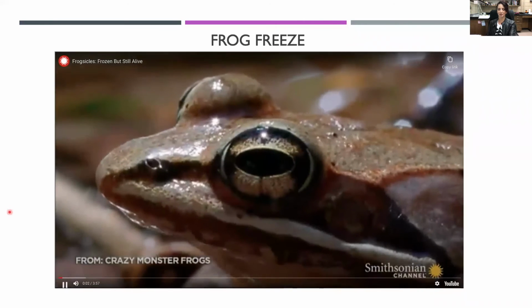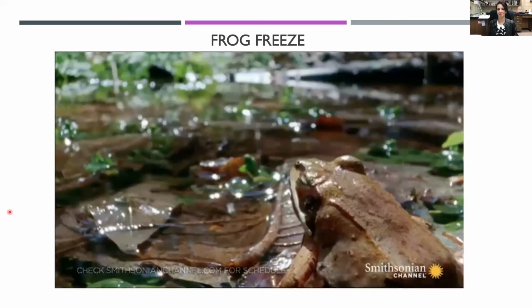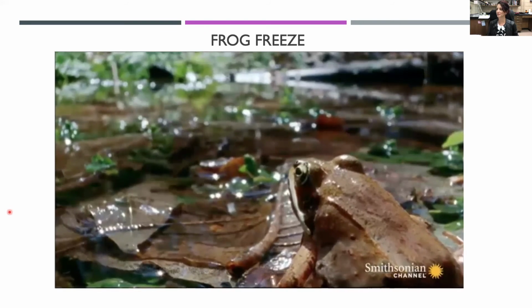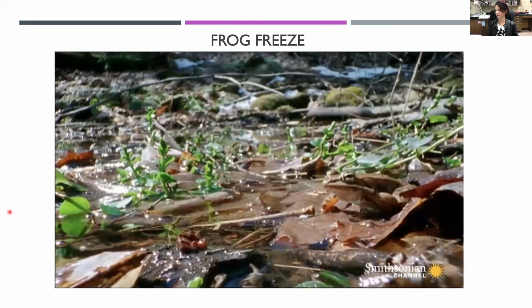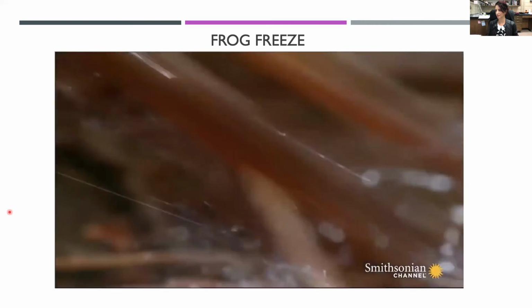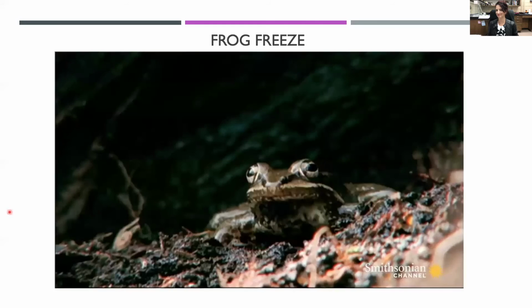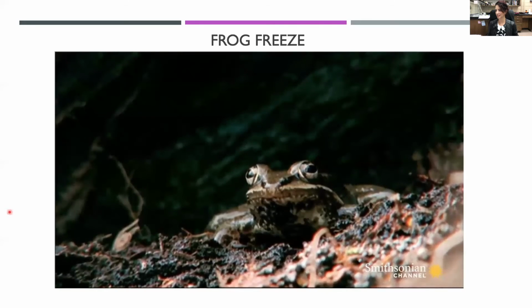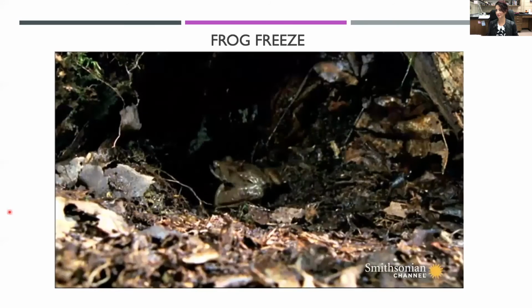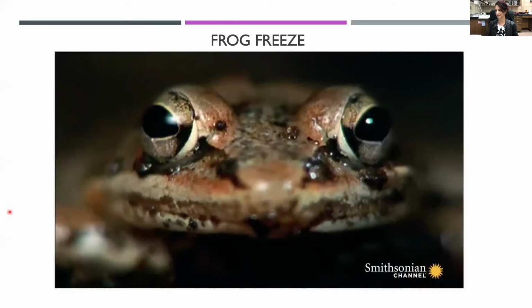The wood frog has an astounding ability. It can produce antifreeze. This seemingly ordinary amphibian can survive at temperatures as low as 3 degrees Fahrenheit and then come back to life. Winter is coming, and the wood frog prepares for the big freeze. It starts to produce huge amounts of urine.